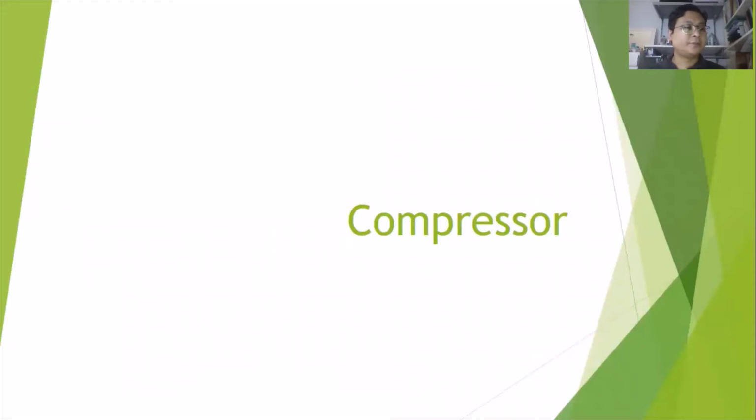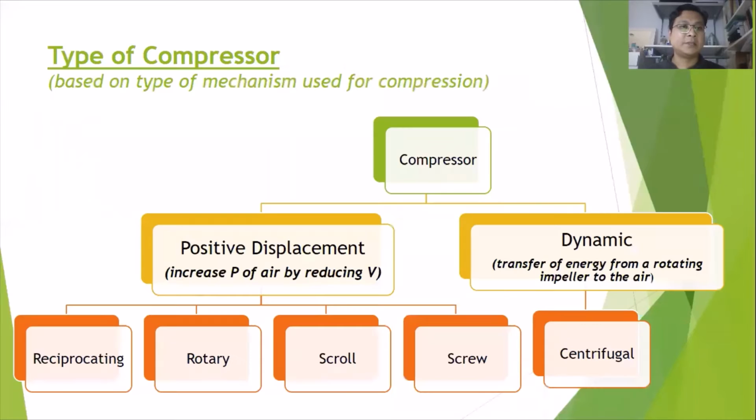Now we go to the first component of the HVAC system, the compressor. What are the types of compressor itself? We have positive displacement and dynamic. The positive displacement just uses a piston moving in a translational motion, so we try to supply or transport the refrigerant or fluid.